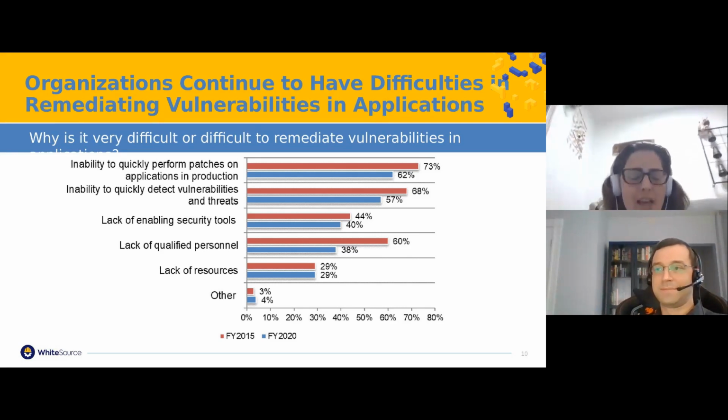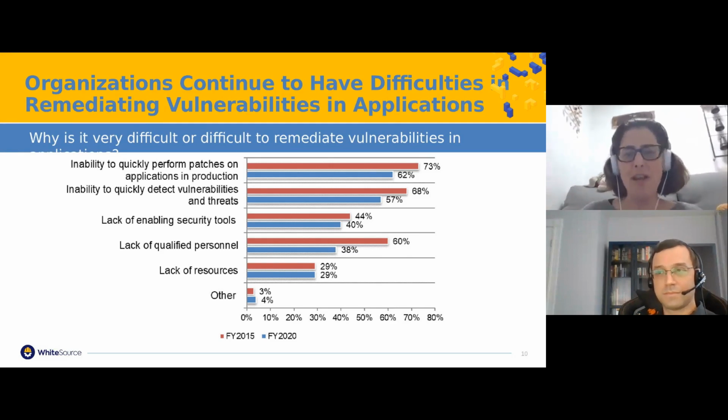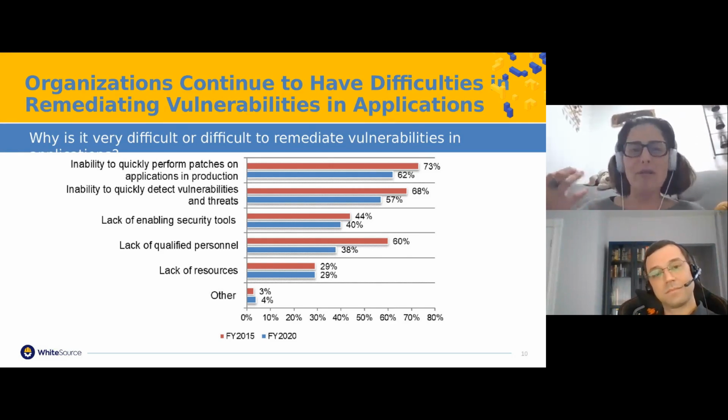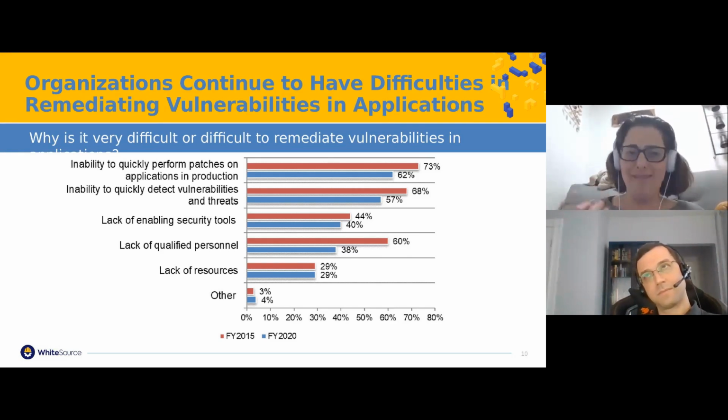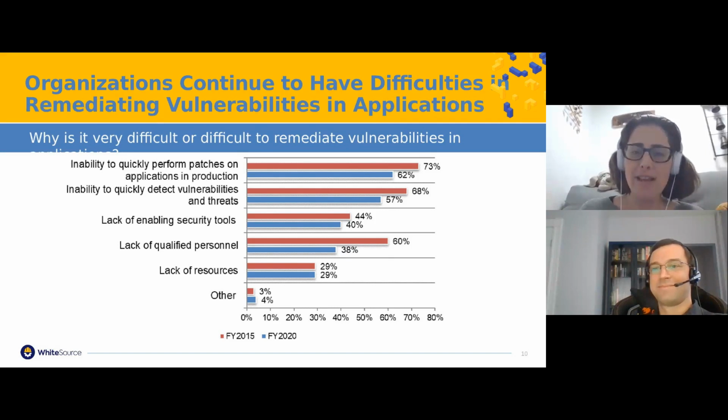And what we can see here, again, compared to the previous research, is that overall there is a decline in all parameters, with lack of qualified personnel maybe declining the most. But when I look at the actual numbers, it seems to me like there is still a substantial difficulty out there when we talk about remediating vulnerabilities. How come? Aren't we making any progress? No.